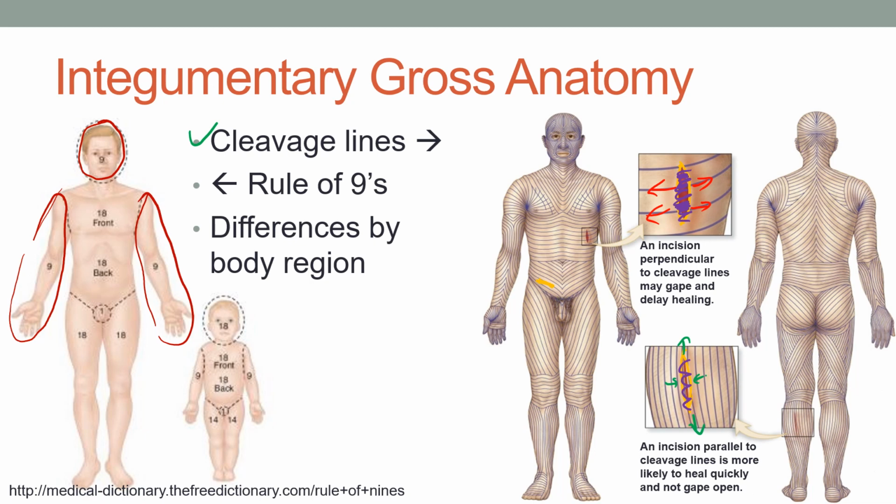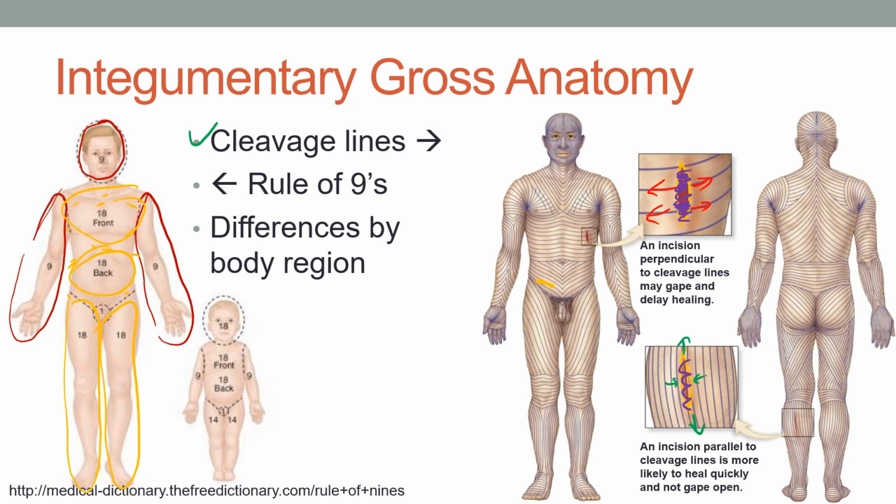The body divides into kind of 9 up here and 9 down here, and then on the back another 9 up here and 9 down here. Okay, lots of skin there. And then the legs also divide into sort of 9 on the front and 9 on the back, or 9 on the top and 9 on the bottom, or however you want to divide that. 18 for the total leg.